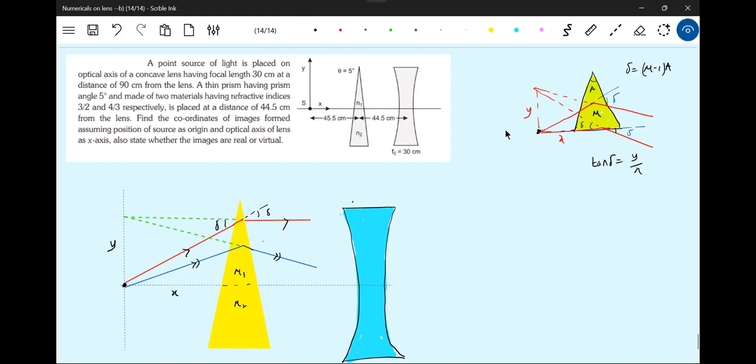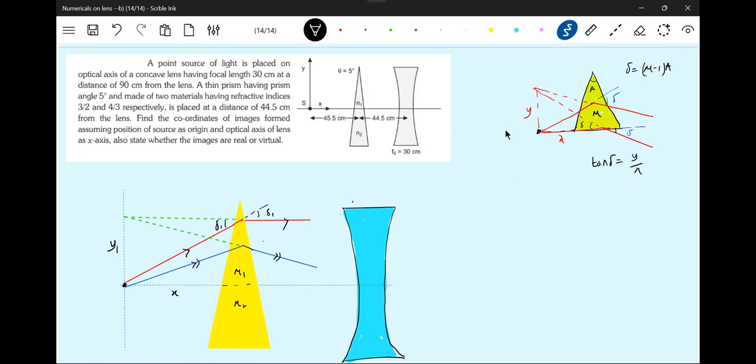It is applicable even for the lower part also. Delta 1, I'll write it, and Y1. X will be the same for both.